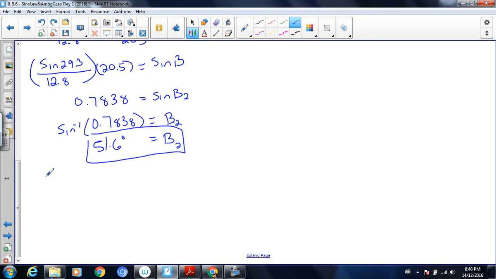So angle C is equal to 180 degrees minus 51.6 degrees minus 29.3 degrees. So angle C is equal to 99.1 degrees.